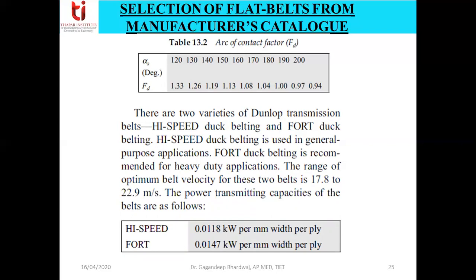The power transmission capacity of the belt, if it is a high speed belt, is given as 0.0118 kilowatt per mm width per ply. In case of Ford, it is given as 0.0147 kilowatt per mm width per ply. What does this indicate? It indicates that a single ply Ford belt of 1 mm width will transmit 0.0147 kilowatt power for 180 degree of arc of contact with the pulley.